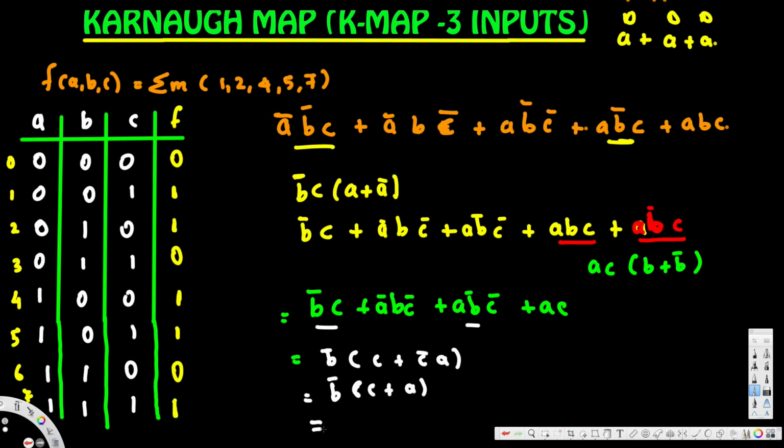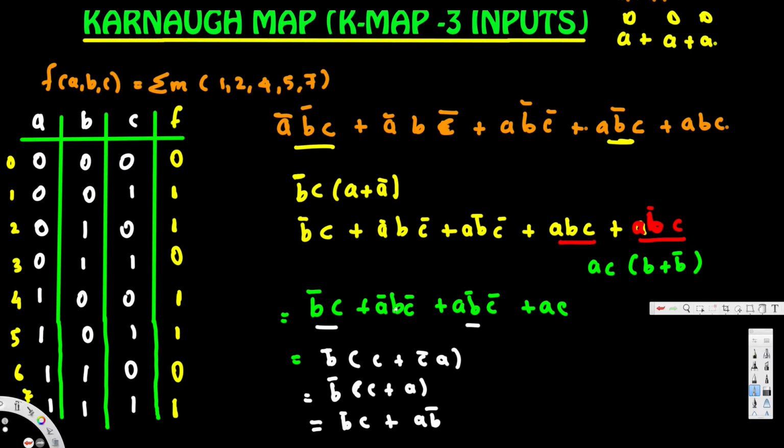So finally we will get b bar c plus a b bar, because we are multiplying these two together. So b bar c, a b bar, and the others are going to remain the same. We have a bar b c bar, and the final one is AC. So as far as I can see, this is the maximum possibility of simplification.